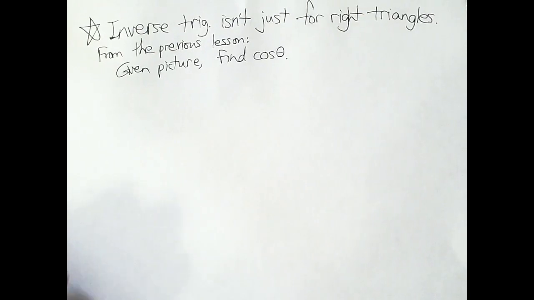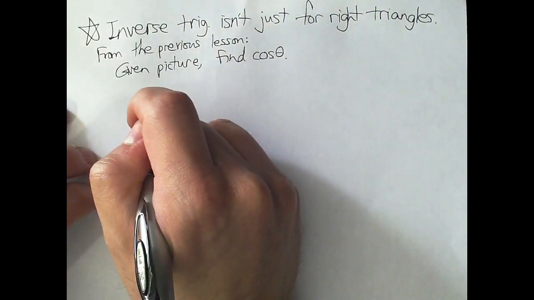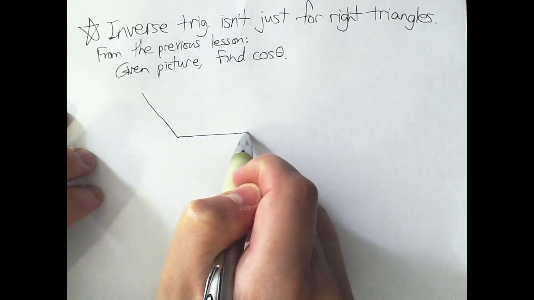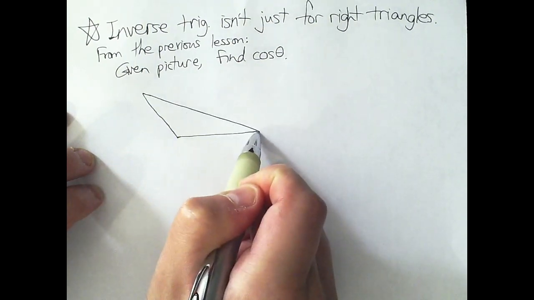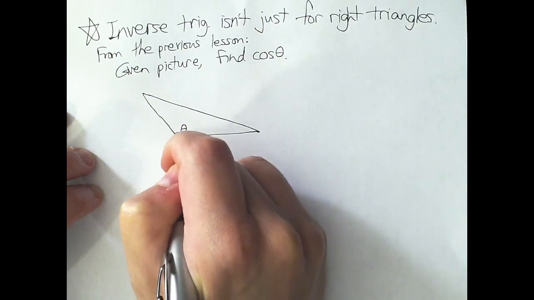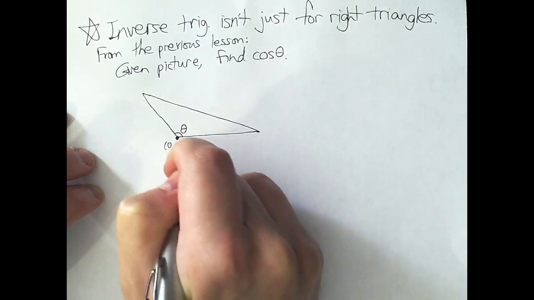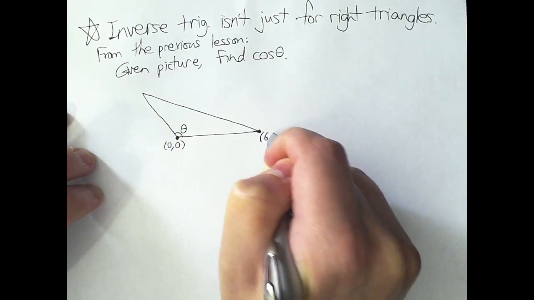So we're revisiting a problem that was in the previous lesson. I remember us doing this. This was a triangle that was not a right triangle. There's an angle theta. And the vertices of the triangle were labeled on this one. Remember this?